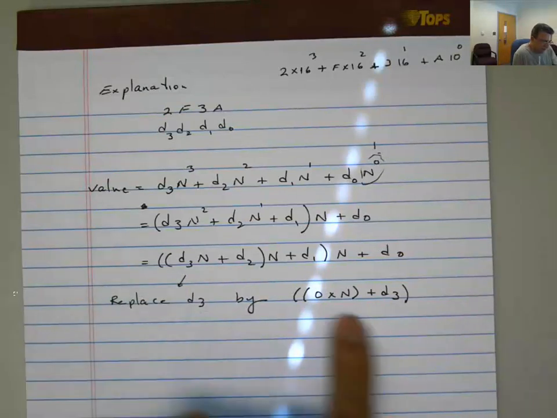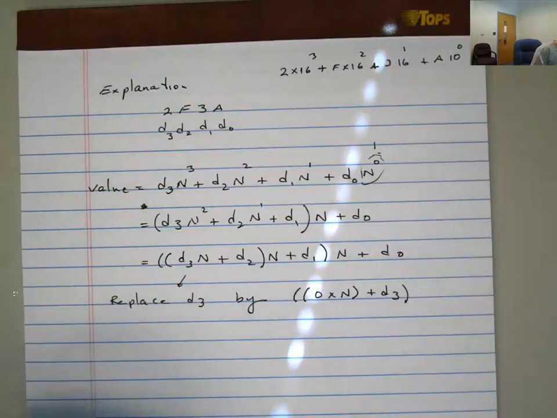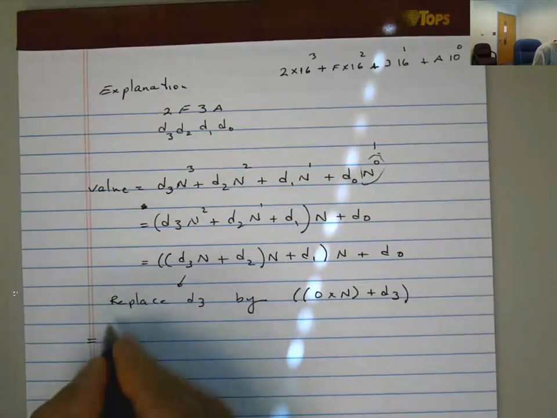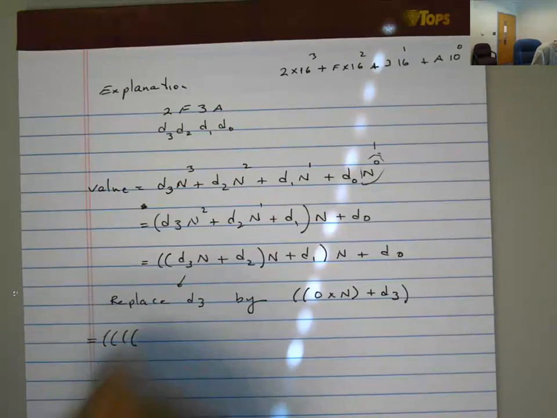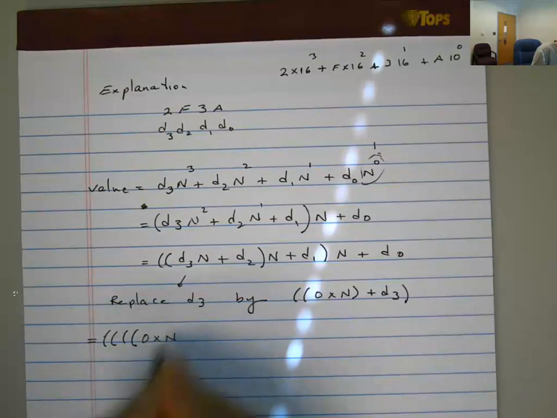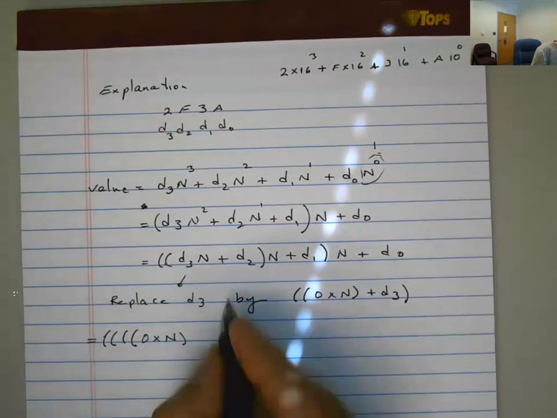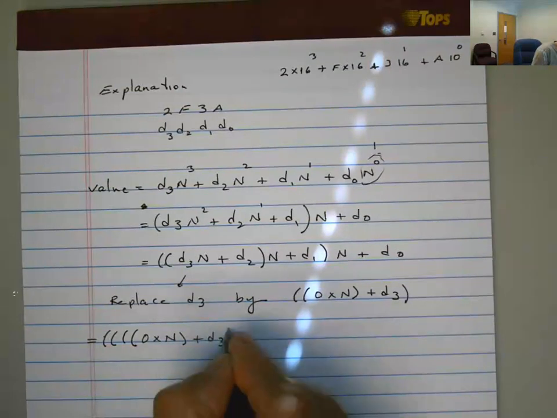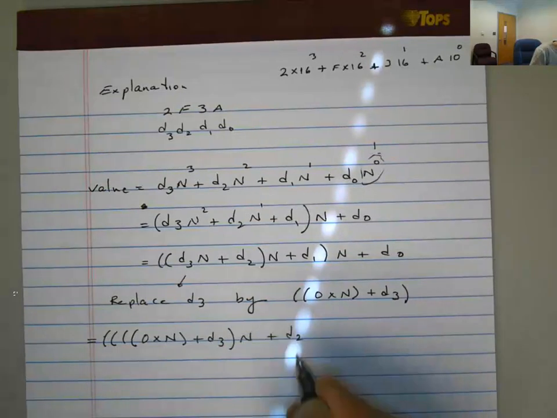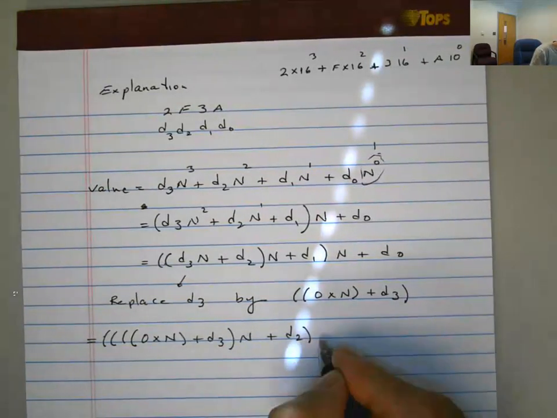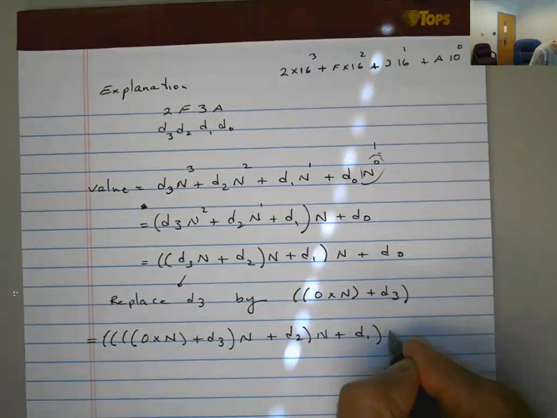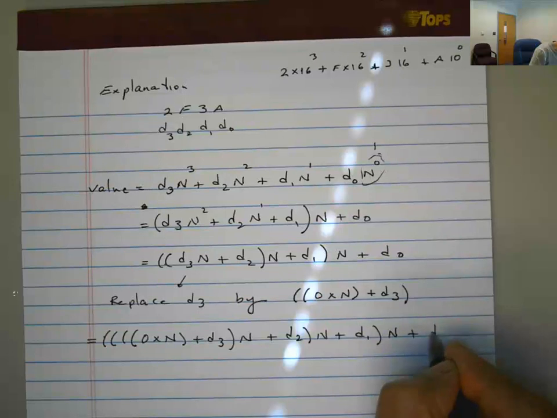So I replace D3 by this. Let's see what happens in this situation. Then this is equal to, because I have 2 parentheses here and 2 here, 4 parentheses: 0 times n plus D3, times n plus D2, close another parenthesis, times n plus D1, close parenthesis, times n plus D0.